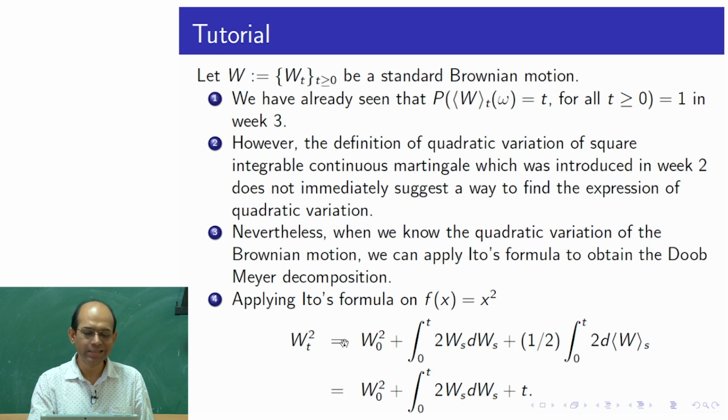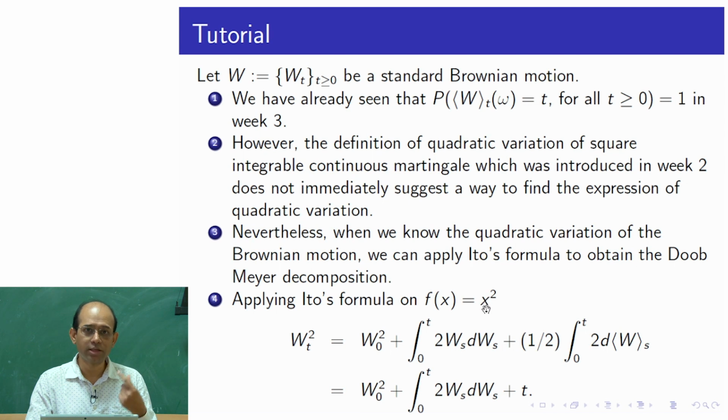So f(W_t) is equal to f(W_0), that is W_0 squared, plus the first order derivative of f, that is 2x, so 2 times W_s, evaluated at W_s, dW_s, integrated from 0 to t. Then Ito's formula also has a second order term, so plus half times the integral from 0 to t of the second derivative of f. What is the second derivative?